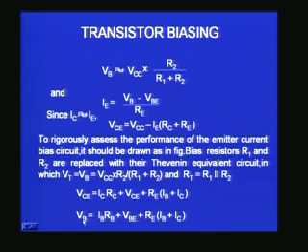Then what about VB? Voltage at the base is nothing but IB into RB, where RB is actually the Thevenin's resistance RT, plus the VBE. This is an application of Kirchhoff's law. VBE is the voltage between the base and emitter, plus the voltage across RE, which is actually a combination of IB plus IC, or this is equal to IE. These things we have already seen.